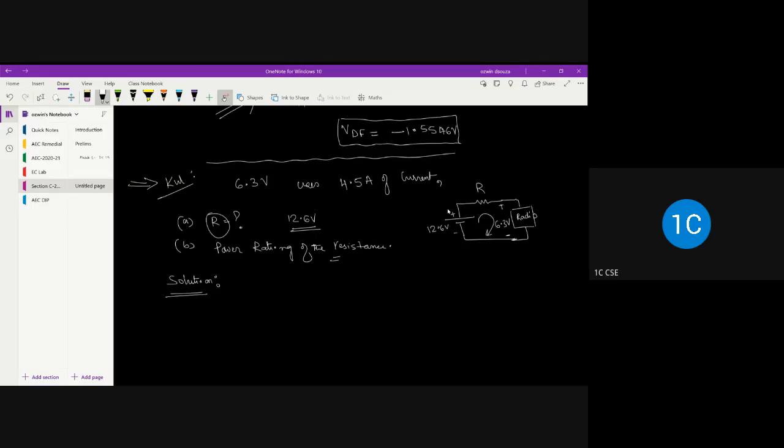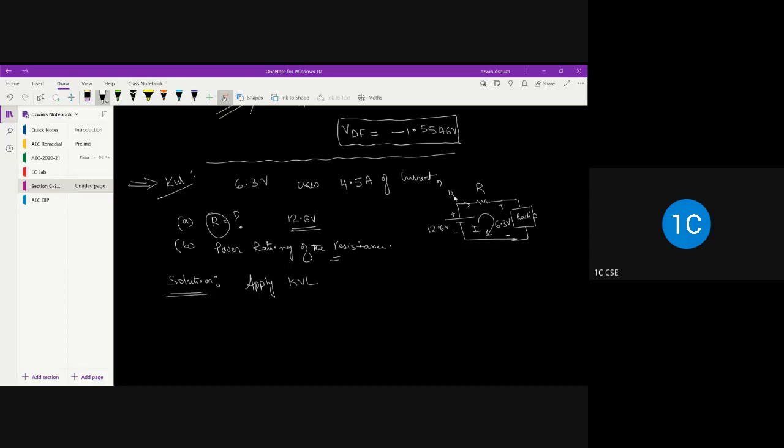So very simple, you can just apply Ohm's law. I mean KVL, right? Because there are more than one voltage source. Apply KVL in the clockwise direction. Let's say this is my current I, and they have given the value of current as well.